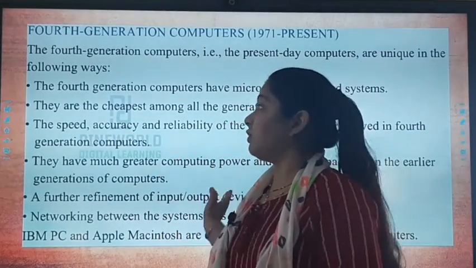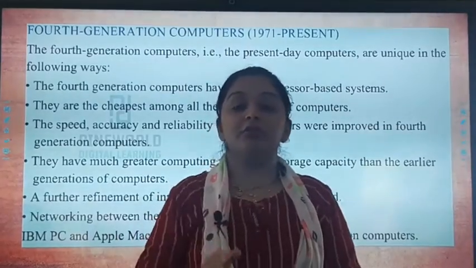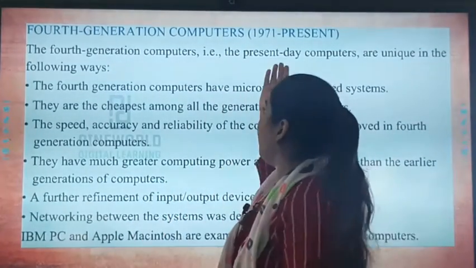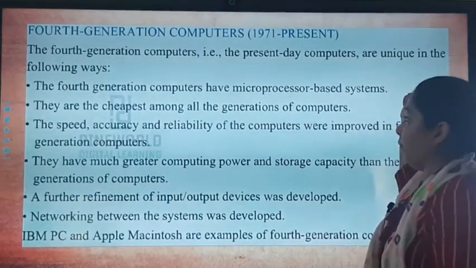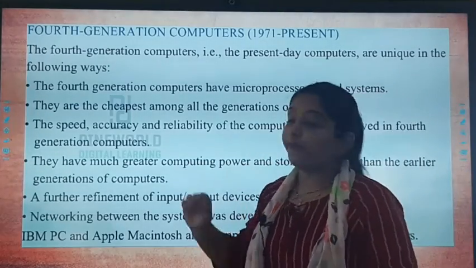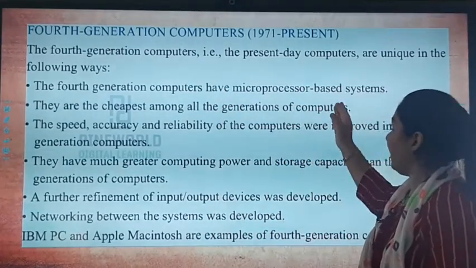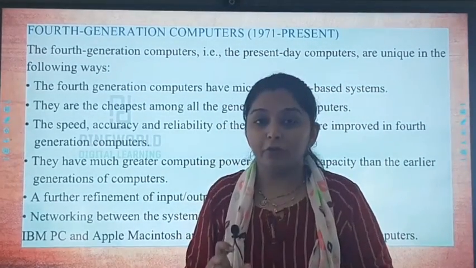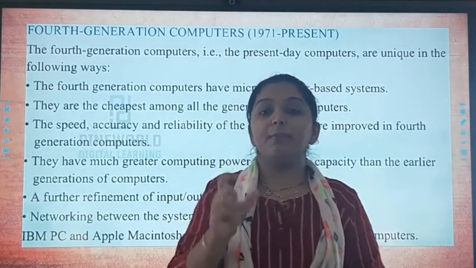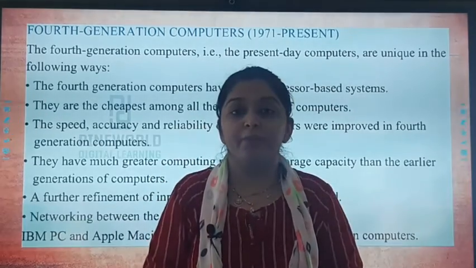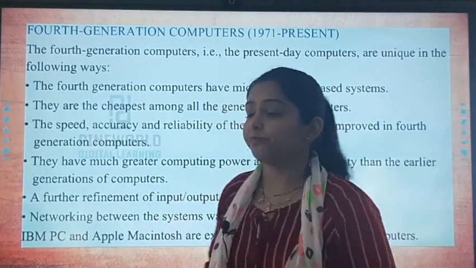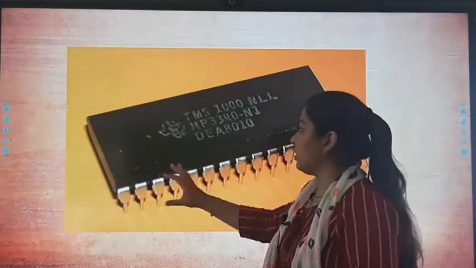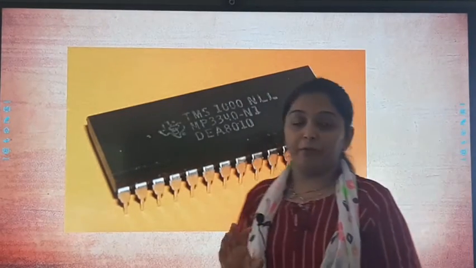The fourth generation of computers refers to the generation of computers that is the present day of computers. The fourth generation of computers have microprocessor based unit. Now, what is microprocessor? I will show you the image. This is a type of a microprocessor.